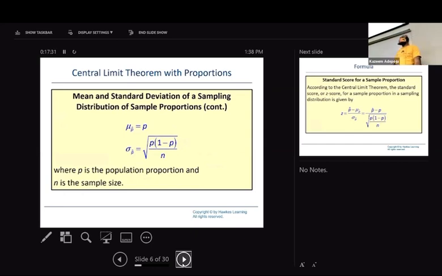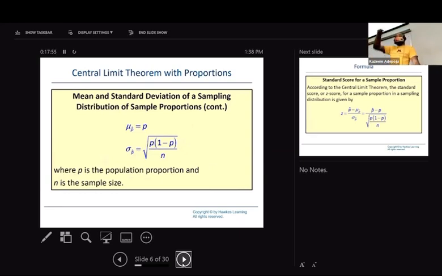Now, when I have several values of p proportions, maybe MSNBC gives us the popularity of the president. Fox News gave us the popularity of the president. We have different news outlets that gave us popularity.